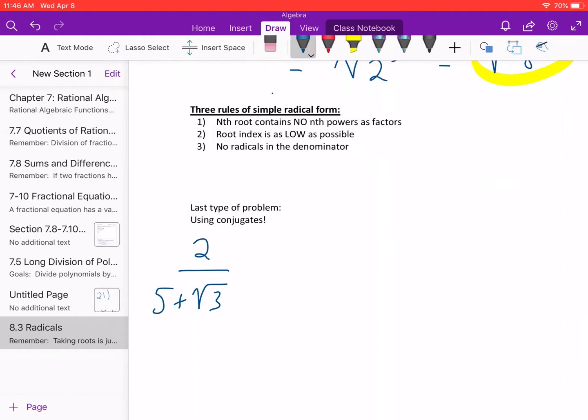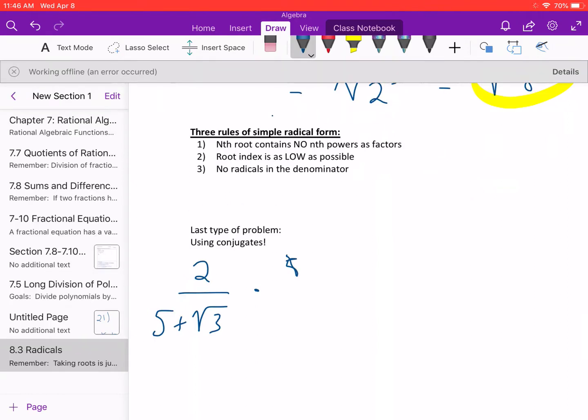So for this, I'm going to multiply the numerator and the denominator by the conjugate, which is 5 minus radical 3 all over 5 minus radical 3. This is a conjugate. That's an old rule coming back into play.